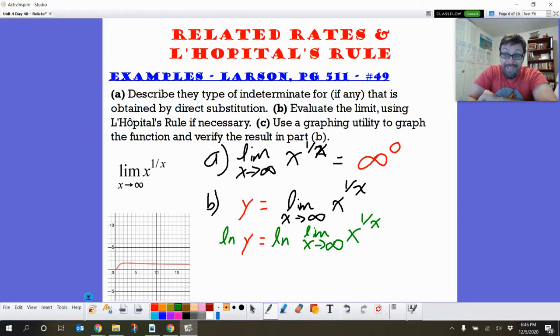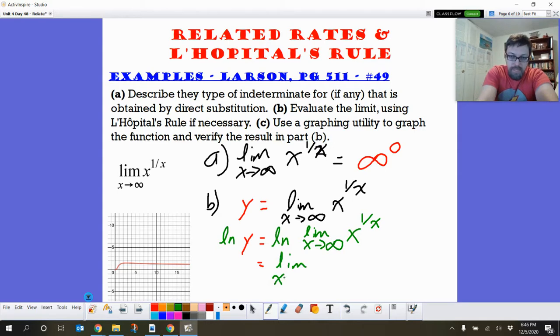Now, since I'm taking the ln of that limit, I can just bring ln inside of that limit because that's where I really want it to do its business. I'm going to stop writing the left-hand side because I'm not going to do anything with it anymore. It's just going to stay that ln of y. I'll bring it back in a minute.